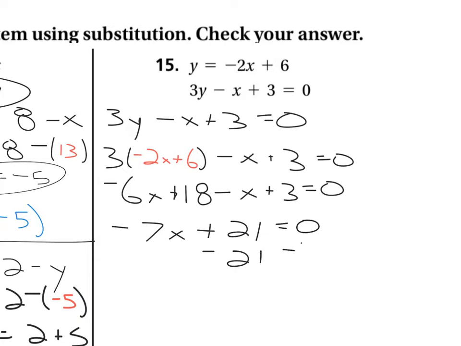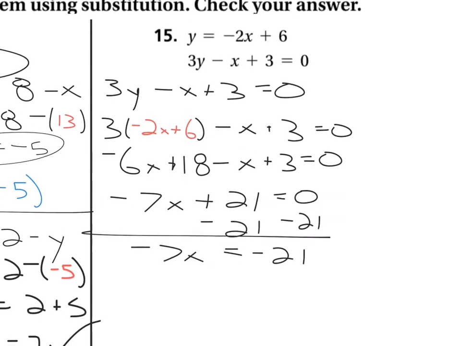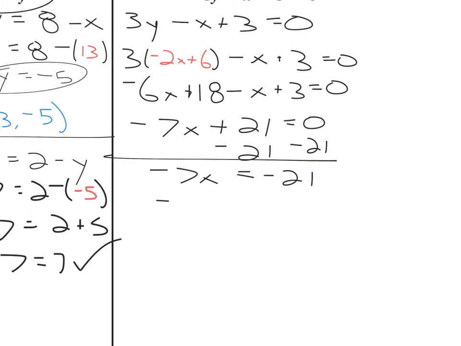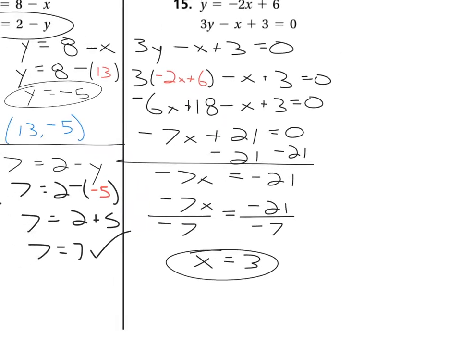And I've got to isolate the variable. I get negative 7x equals negative 21. And I need to divide by what's in front of the variable, which is negative 7. So we then get x equals 3.